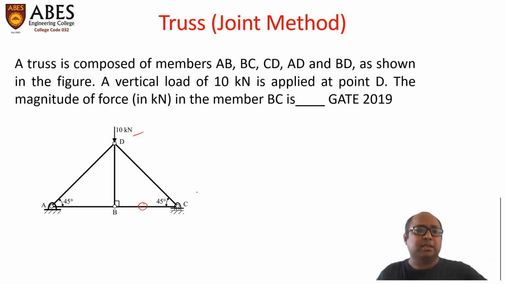So how many members are there? There are 1, 2, 3, 4, 5 members. In total, there are 5 members in this truss. And how many supports do you find? You can see that at joint A, we have a pin support, and at joint B, we have a roller support. So if we draw the FBD of this structure, what does the FBD look like?